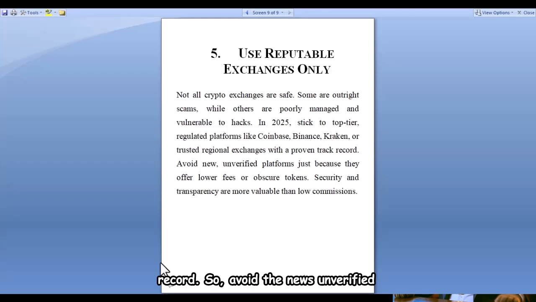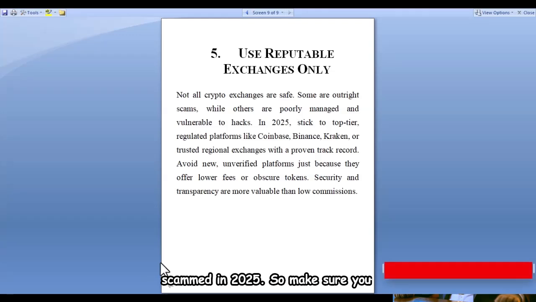Avoid new unverified platforms just because they offer lower fees or obscure tokens. Security and transparency are more valuable than low commission. So if you take use of all these steps listed in this video, then you are set up for life. You shouldn't get scammed in 2025.